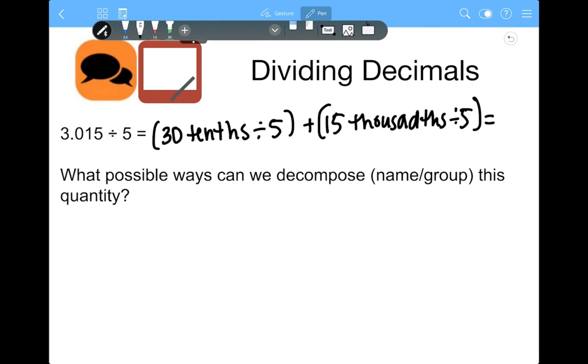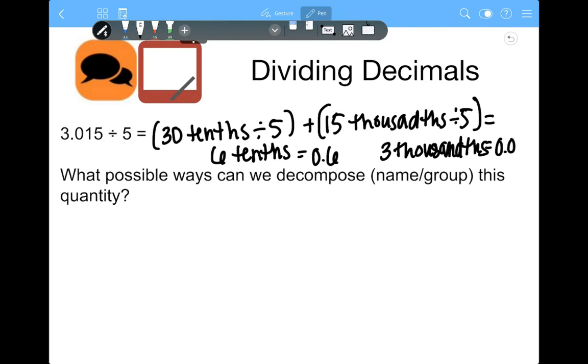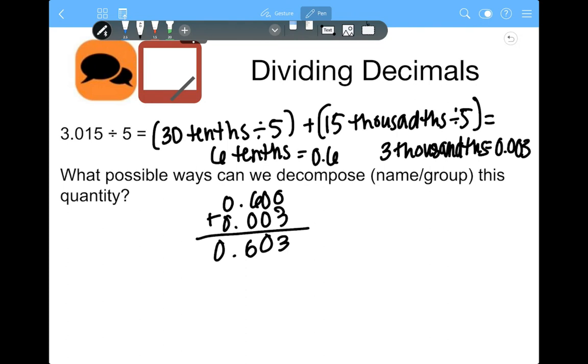So 30 tenths divided by 5 is going to be 6 tenths, which is equal to 0.6. And 15 thousandths divided by 5 is going to be 3 thousandths, which is going to equal 0.003. So when we add those together, 0.6 plus 0.003, we get 603 thousandths, okay?